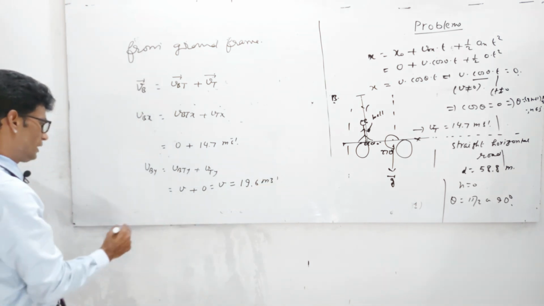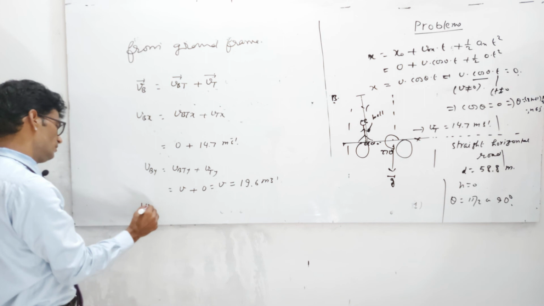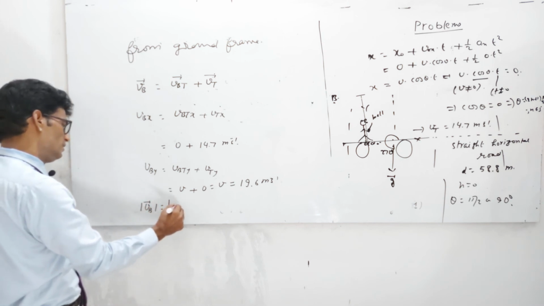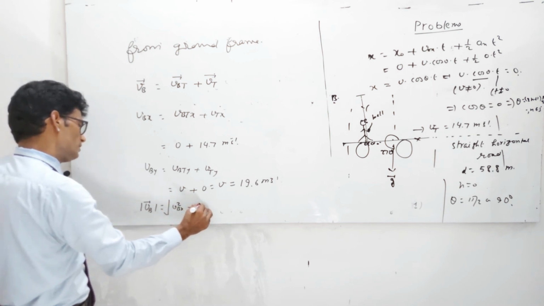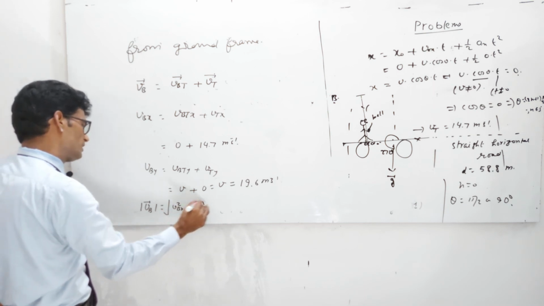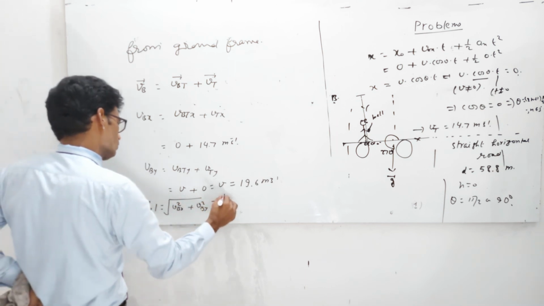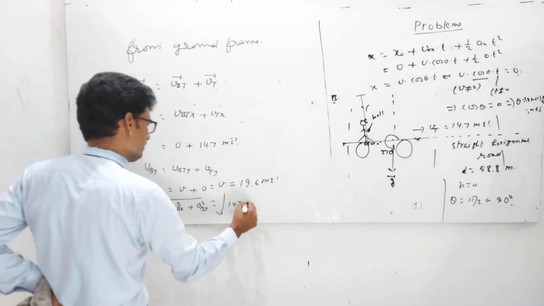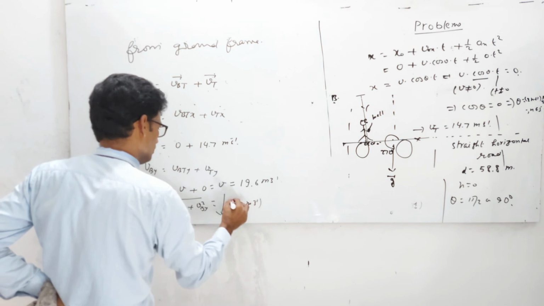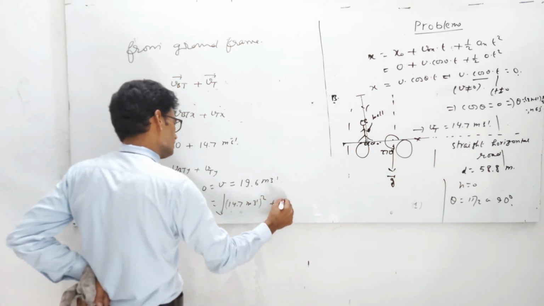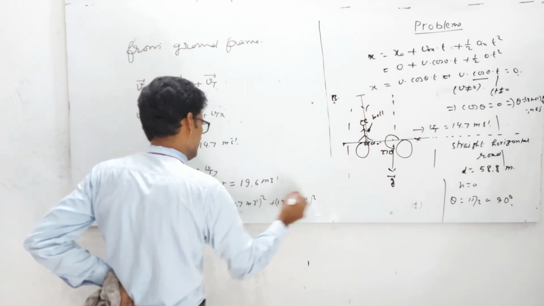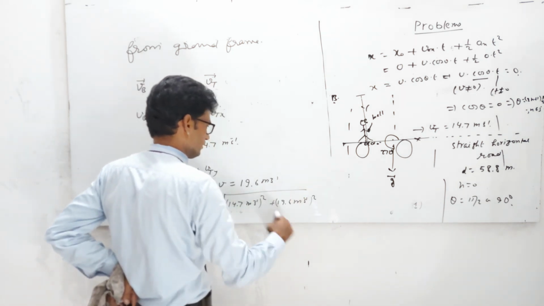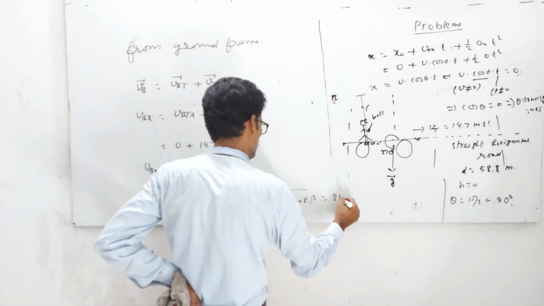So now the speed is the square root of vbx squared plus vby squared, that is the square root of (14.7 meter per second) squared plus (19.6 meter per second) squared.